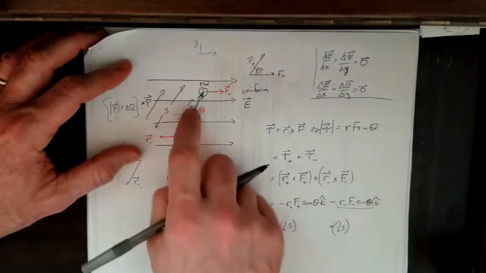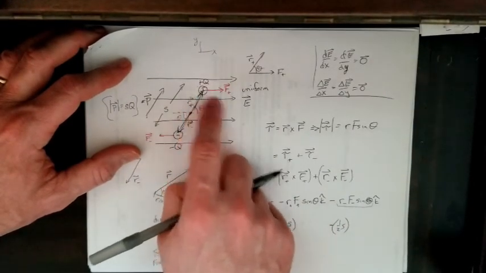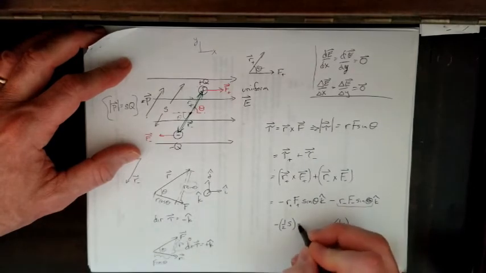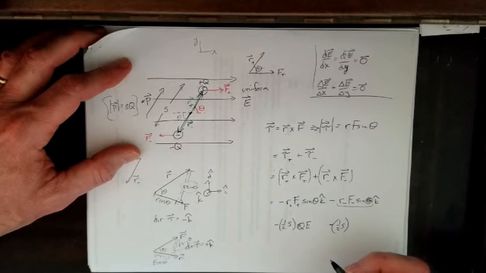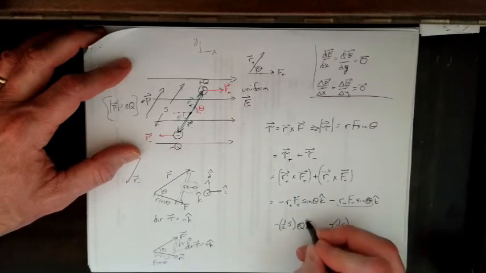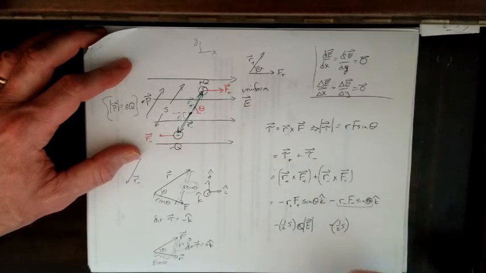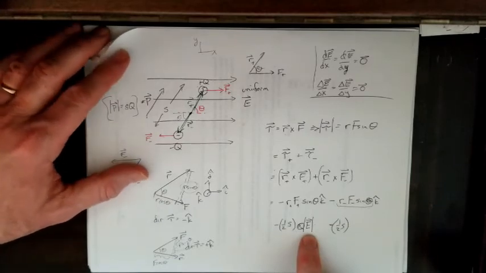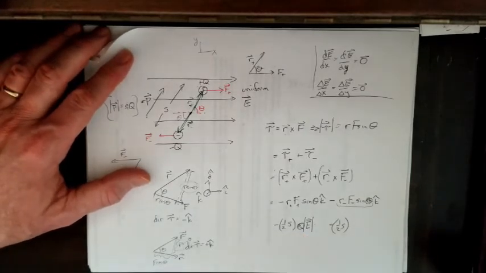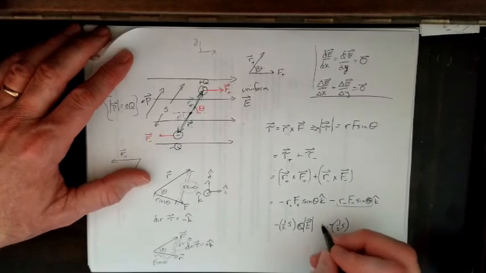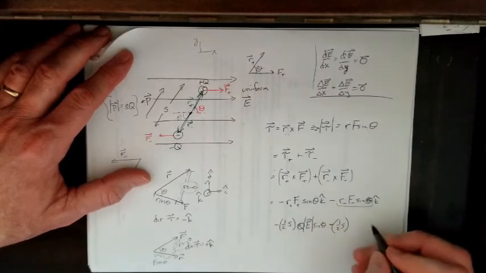The force is equal to, well, it's a charge in an electric field, so the magnitude of that is Q times the electric field. And I'm going to write the electric field strength this way instead of just the same old E, because I believe in the next video we'll be dealing with energy. Times the sine of theta.